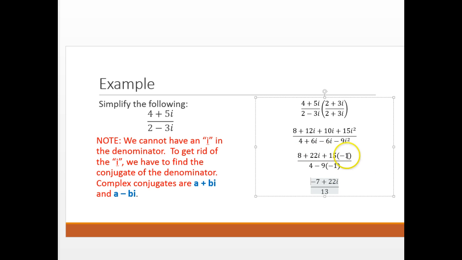The 8 minus 15 is negative 7 plus 22i in the numerator. And the 4 minus 9 times negative 1 is 4 plus 9, which is 13. I now have a complex number with no i in my denominator, which is really what we want.